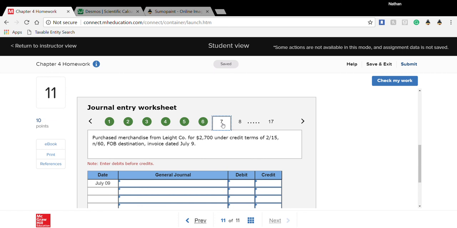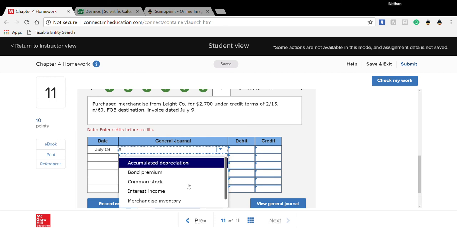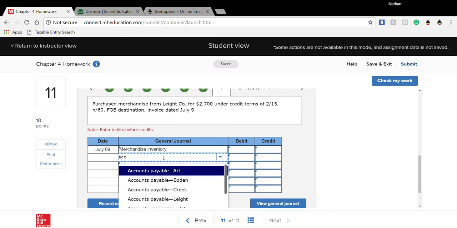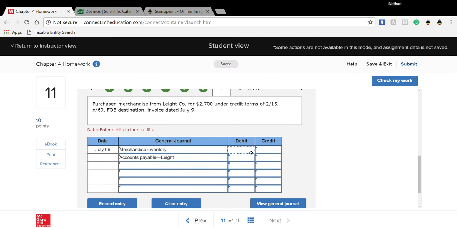This time we purchased from Light. So with that being said, since we purchased from Light, we know we're receiving inventory. And this is going to say we're going to owe Light. So since we owe, that's accounts payable of the contract amount. Alright.